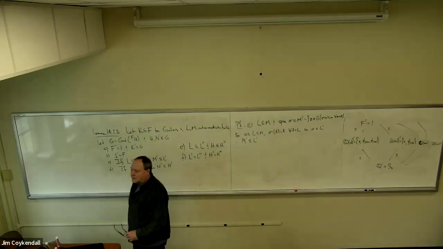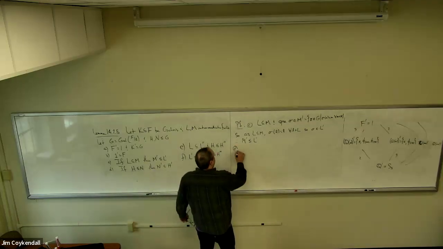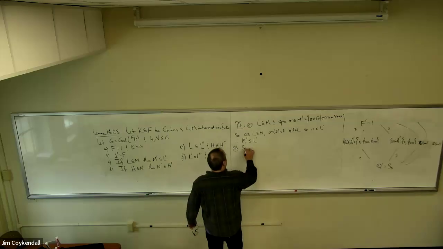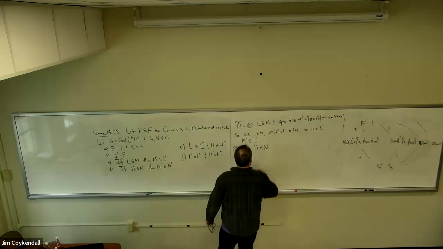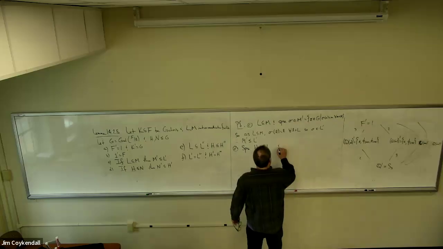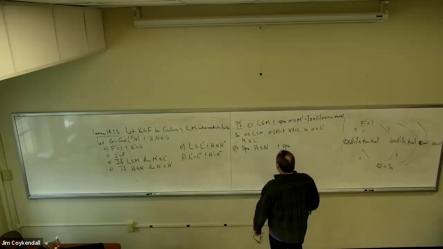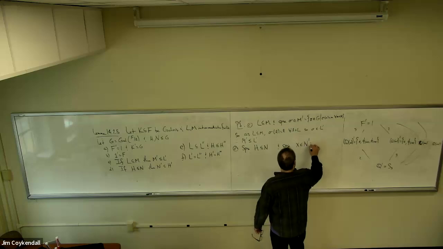I bet the next one is going to be similar, right? Now we start from the group theoretic perspective. Suppose H is a subgroup of N. Now, suppose x is in N prime.